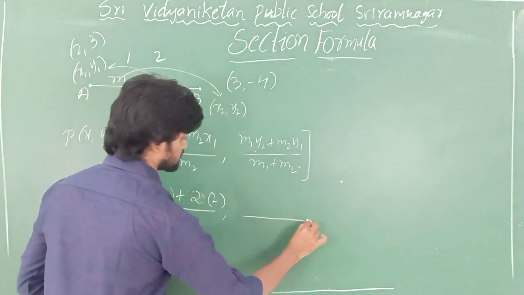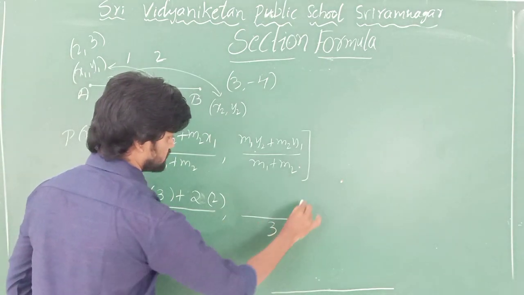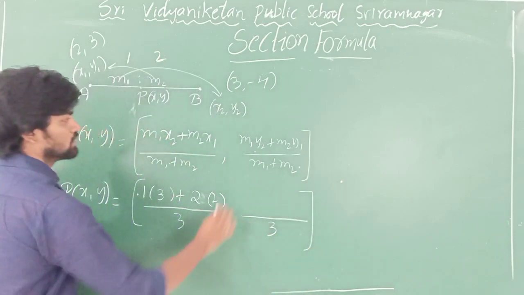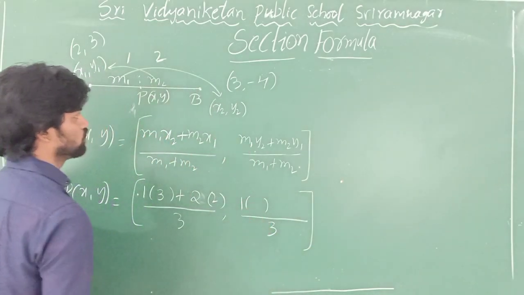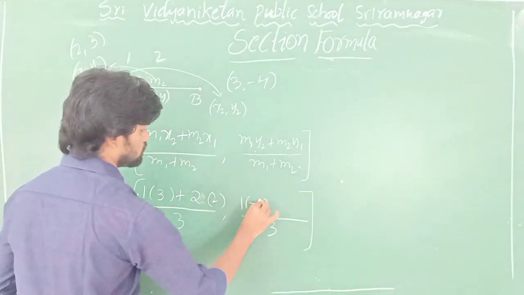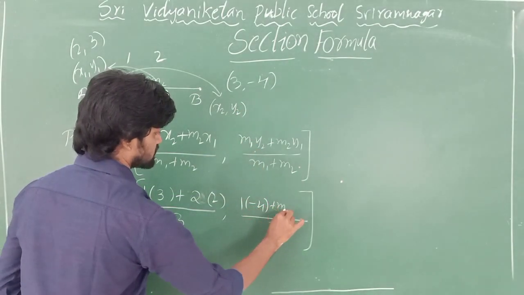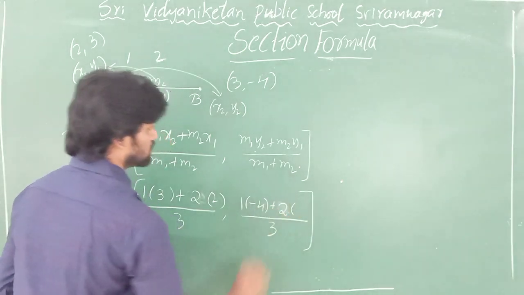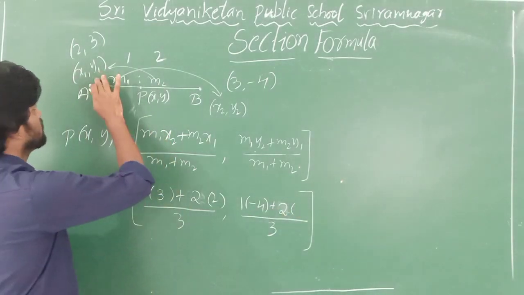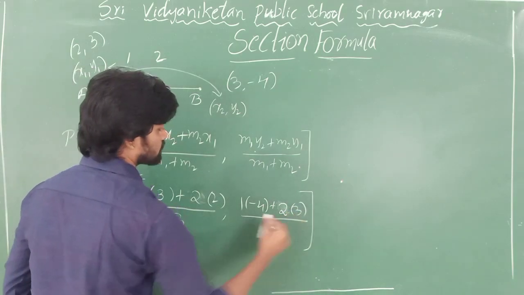Here also do the same thing, divided by 3: M1 is 1 into y2, y2 is minus 4, plus M2 is 2 into y1, y1 is 3.